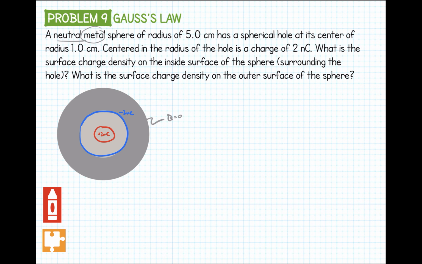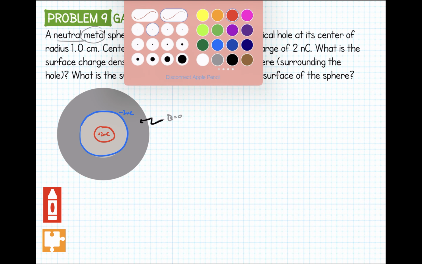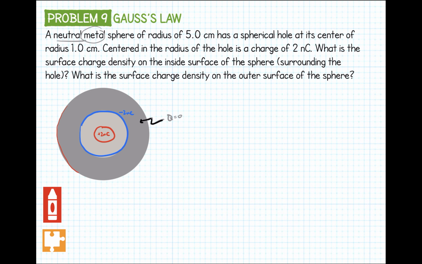Actually, let me do that with black so you can see inside the sphere. Which means that if there's -2 on the inside, whatever this is plus whatever's on the outside has to add up to 0. So the charge on the outside should be +2 nanocoulomb.